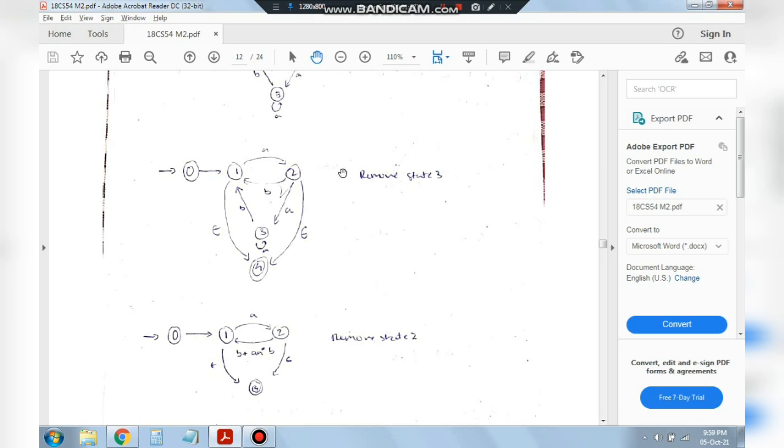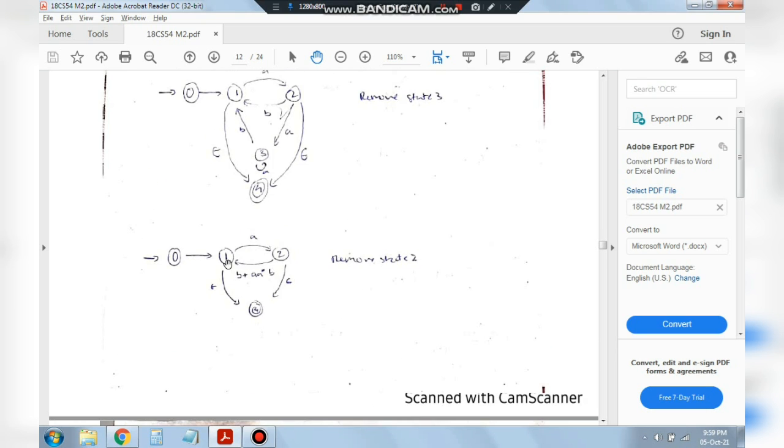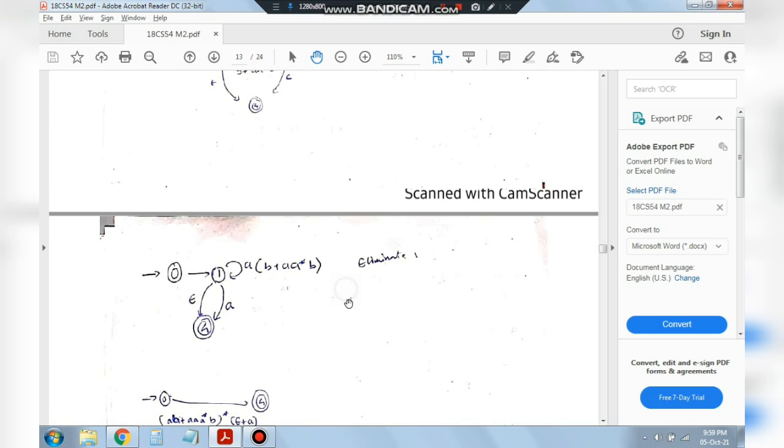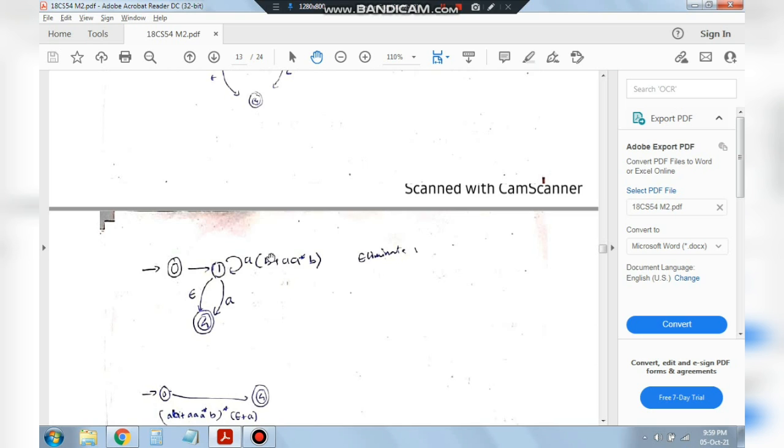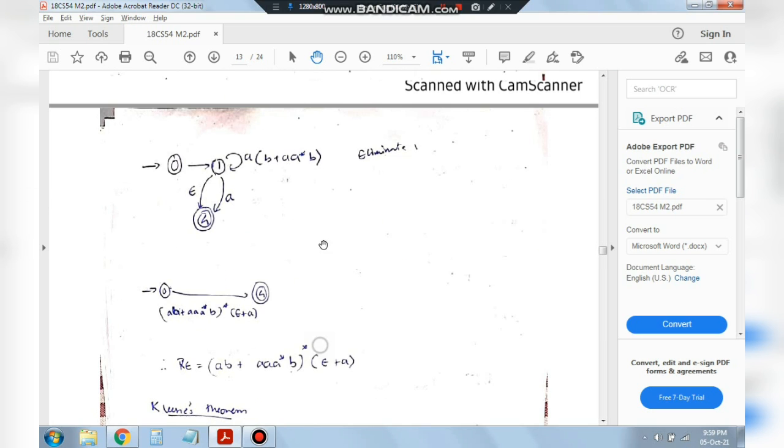So from 2 to 1 we'll have A, then A star, then B. So A star and B, and union with B. So B will be written here plus or union. Here we will have A star B, which was through 3. Okay, and we have two states now, 1 and 2. Both we have to remove. First we will remove 2. If we remove 2, this will be the equation we will get, and if we remove 1, then we will get the final equation as this one.